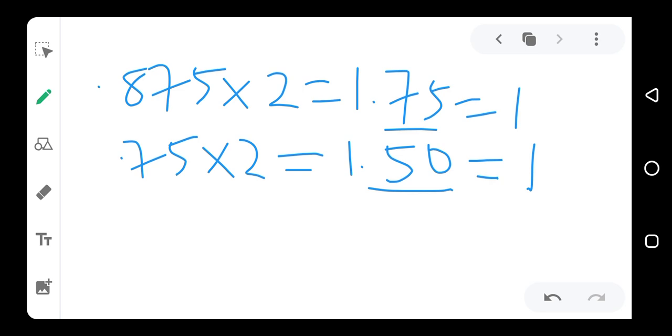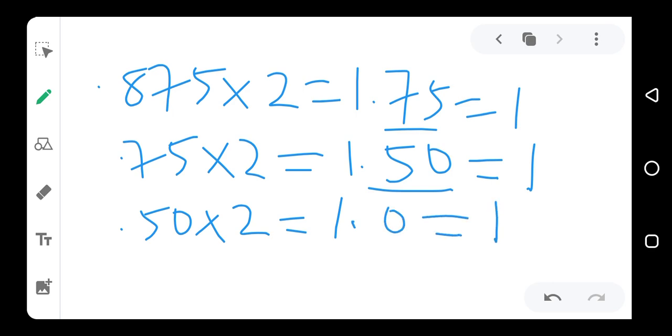Now we say 0.50 multiplied by 2. This is going to give us 1.0. We write the whole number, which is 1, and then we carry the decimal point, which is 0.0, and now we have 0.0 multiplied by 2. This is going to give us 0.